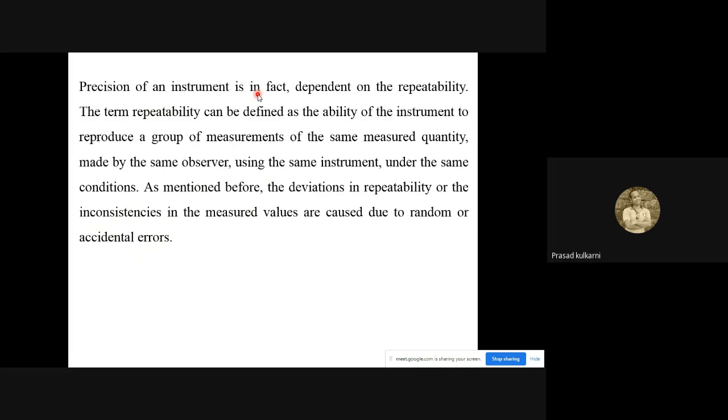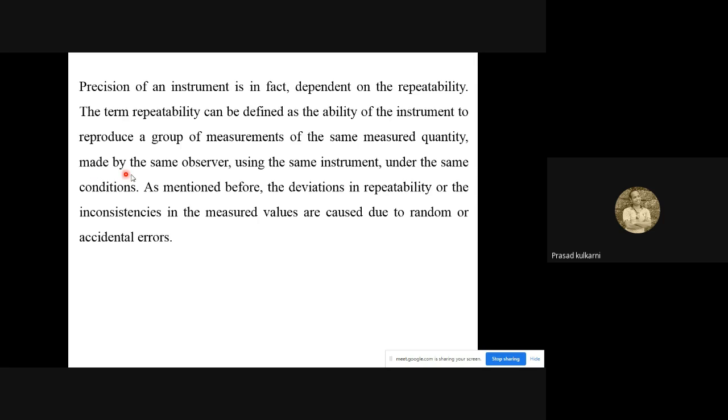Precision of the instrument is in fact dependent on the repeatability. जो मैंने अभी आपको बताया, repetition of the accuracy, that is what is told here. The term repeatability can be defined as the ability of the instrument to reproduce a group of measurements of the same measured quantity.